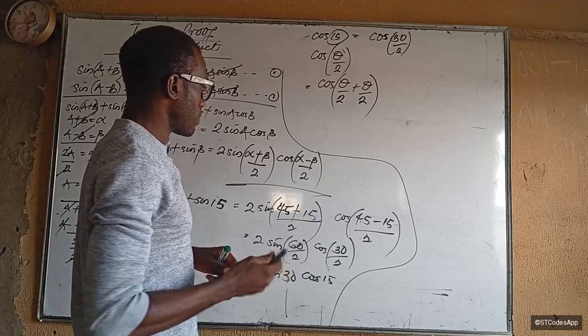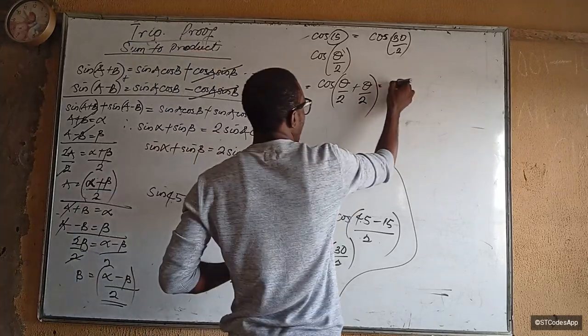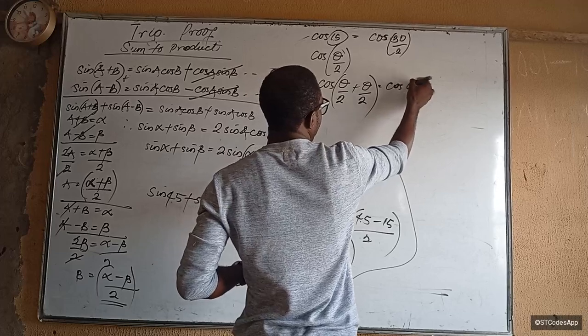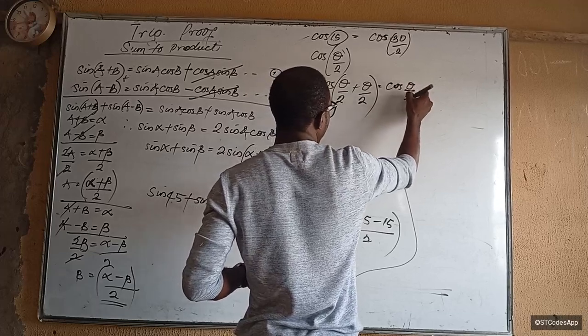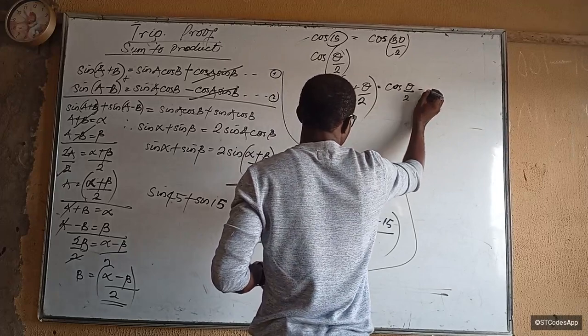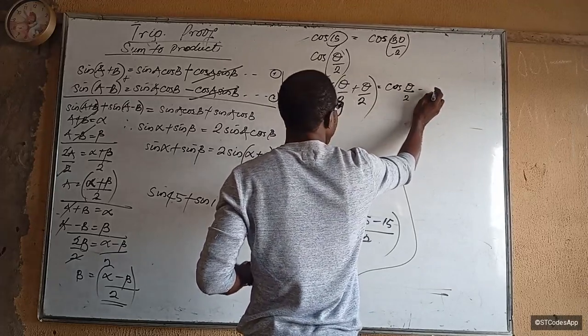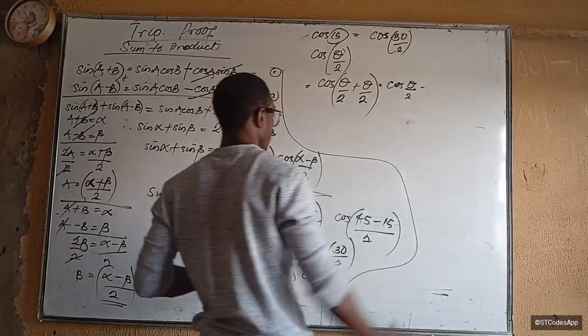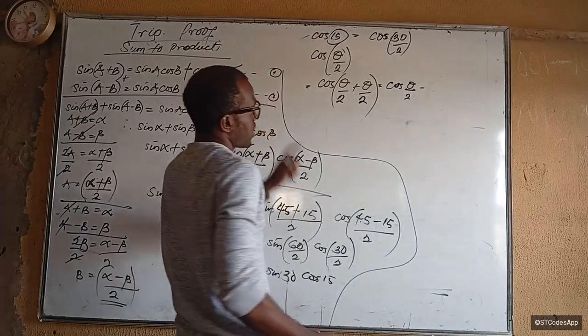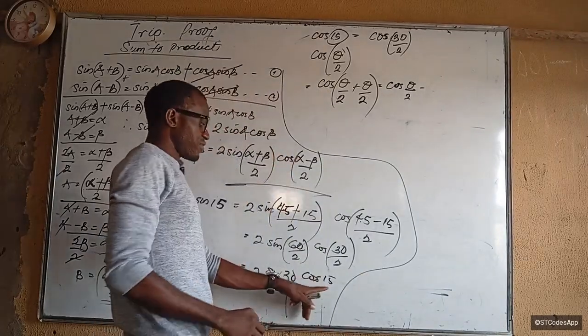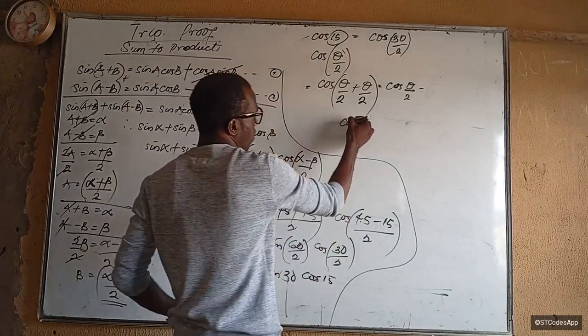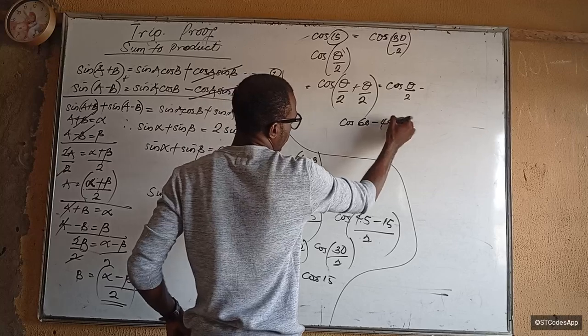That will become cos theta over 2 plus, it doesn't really work that way. Let's use this. 15 is what we're looking for, so let's do it as cos of 60 minus 45.